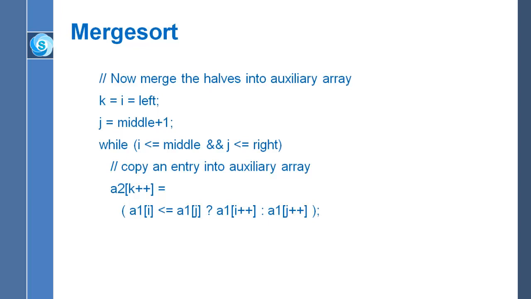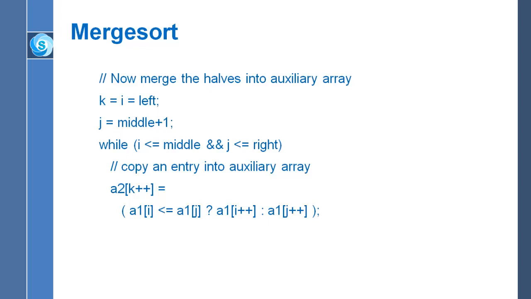We have a while loop here so that we can play this game repeatedly. And the while loop continues as long as I stays less than or equal to middle and J stays less than or equal to right. Well, what this is effectively saying is as long as I continues to index into the first half of the subarray and J continues to index into the second half of the subarray, we want to continue playing this copying game.